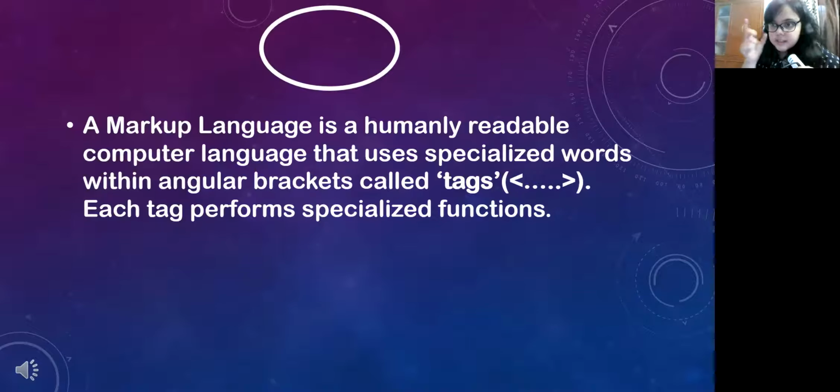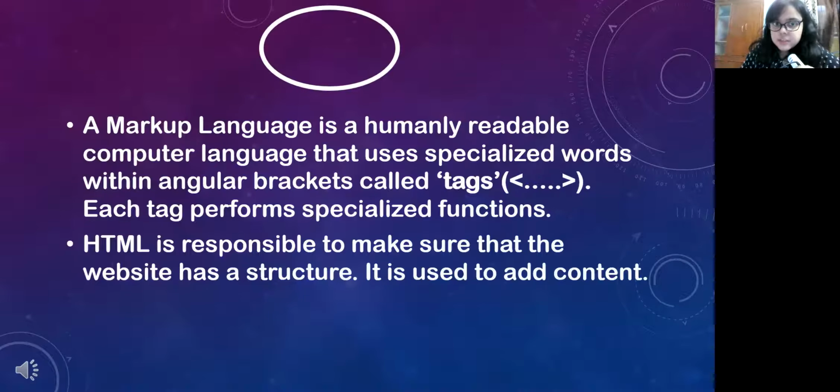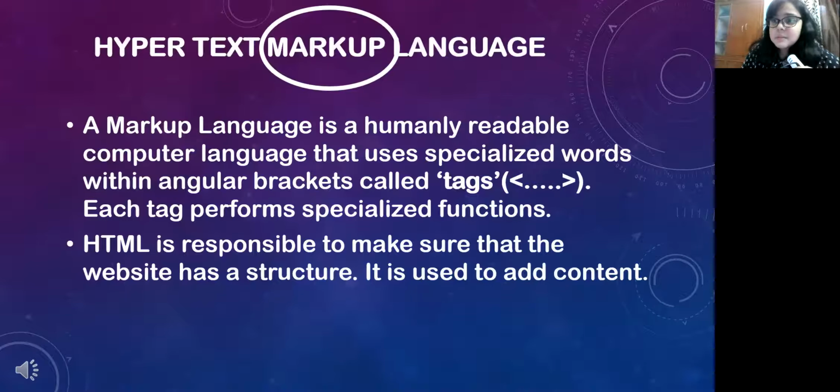The next important part that we need to deal with in the definition of hypertext markup language is the part that asks us what exactly is markup. So a markup language is not a computer language or a high-level language like C++ or C, but it is a humanly readable computer language that uses specialized words within angular braces called tags.